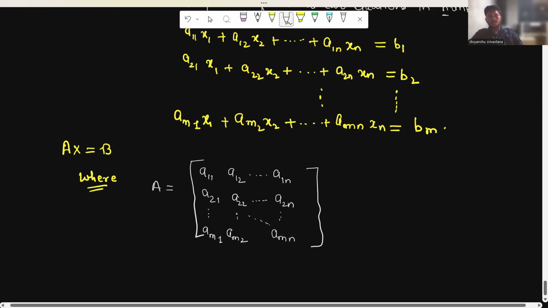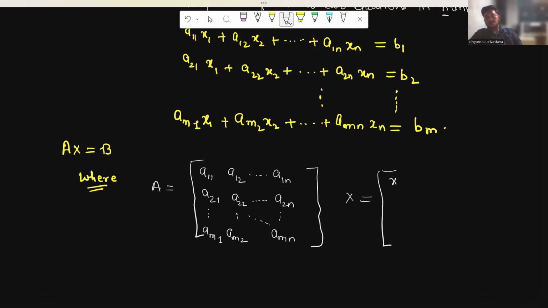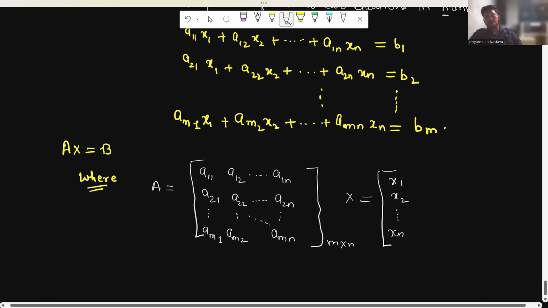So these are the elements of A. And how do you write x? x is nothing but x1, x2 going up to xn. Here the matrix dimension of A is m cross n, and x is n cross 1.